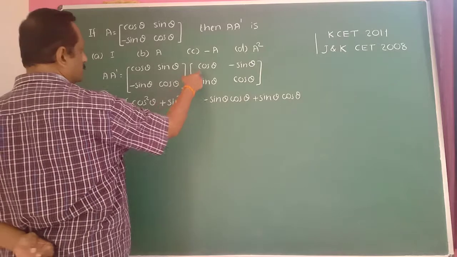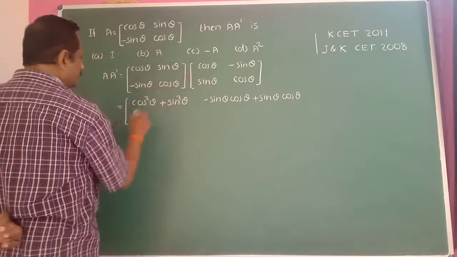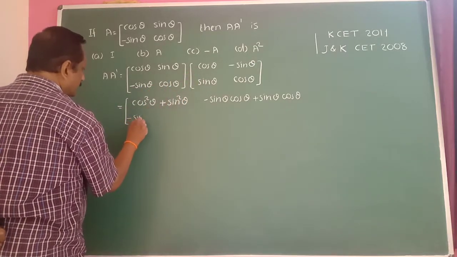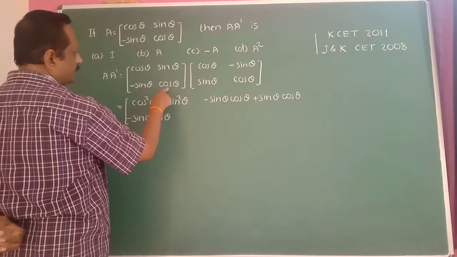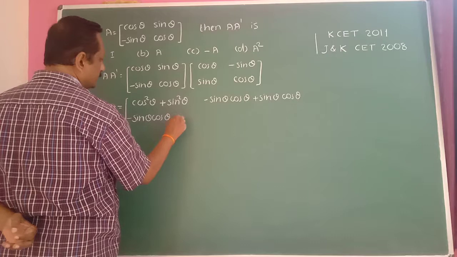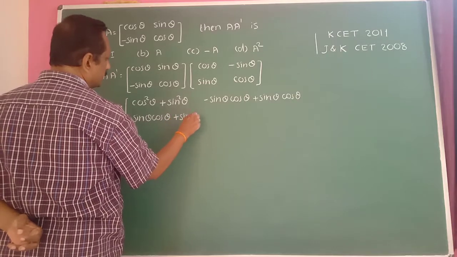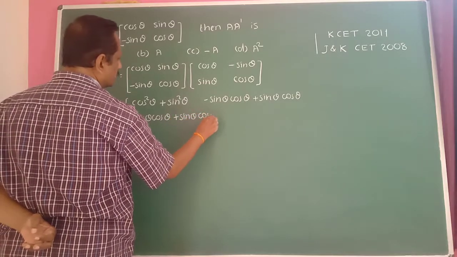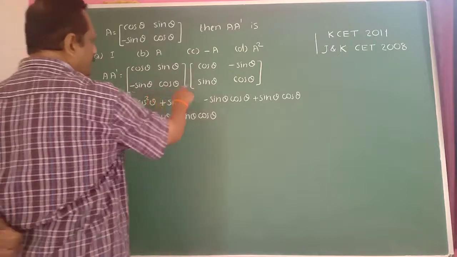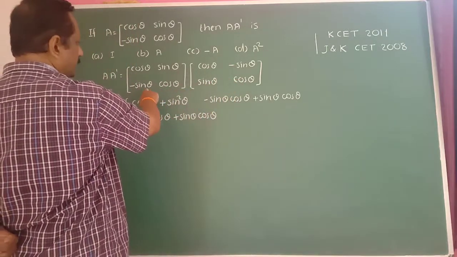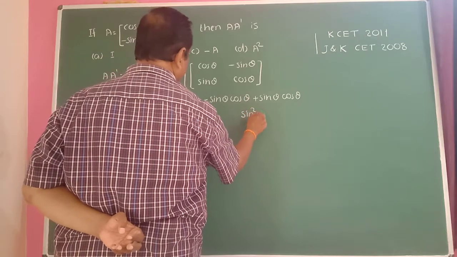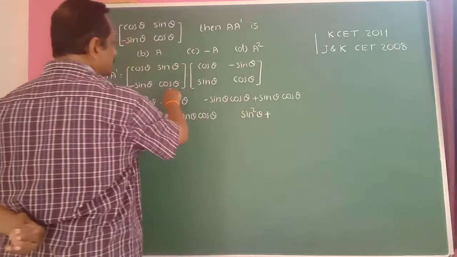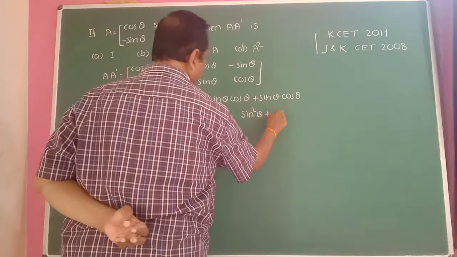Multiply this row with this column: minus sin theta into cos theta, minus of sin theta cos of theta, then cos theta into sin theta becomes plus sin theta into cos of theta. Multiply this with this column: minus sin theta into minus sin theta, so sin square theta. Then plus cos theta into cos theta becomes cos square theta.